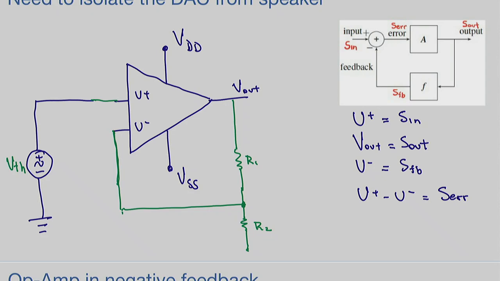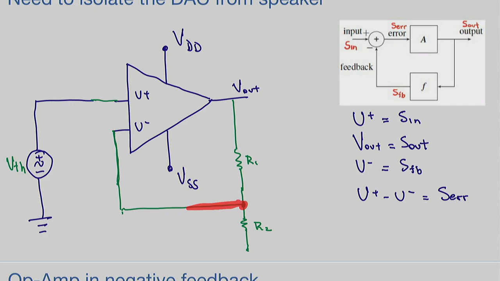Very good. And now we know that we have everything that we need in order to solve this circuit, because now we have negative feedback. What are we going to do here? We are going to take part of V out, which will be a voltage divider.